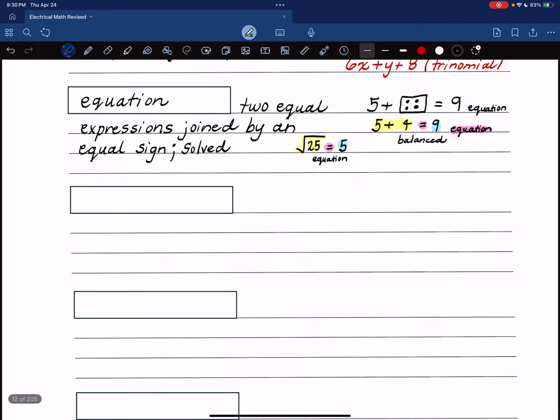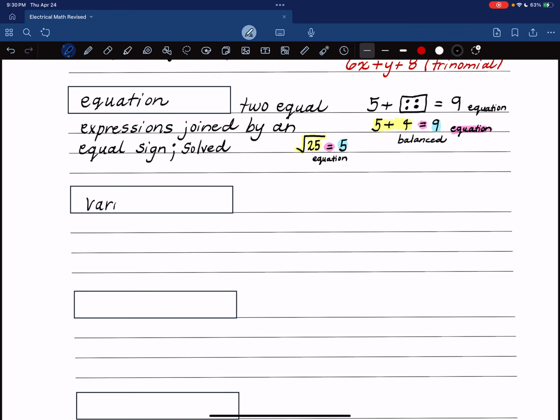So let's think for just a minute about the term variable. What does variable mean? A variable is a letter or symbol that represents a mathematical object.